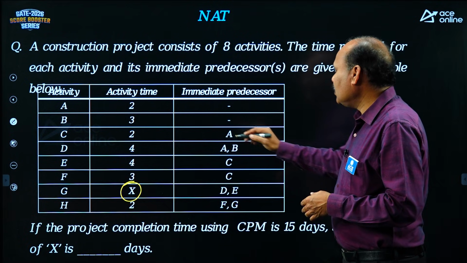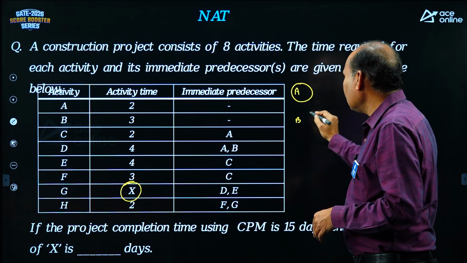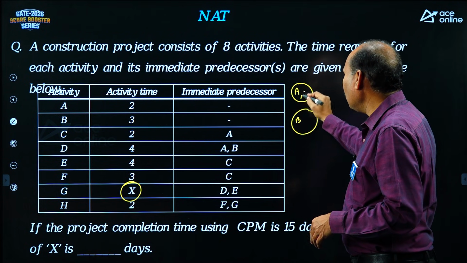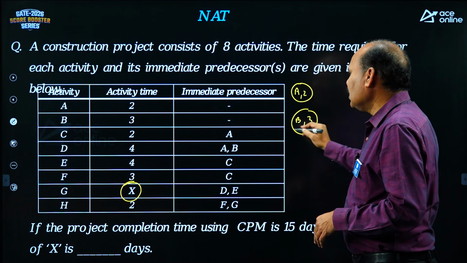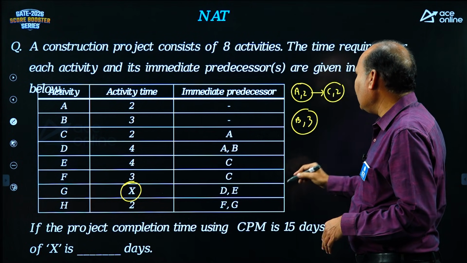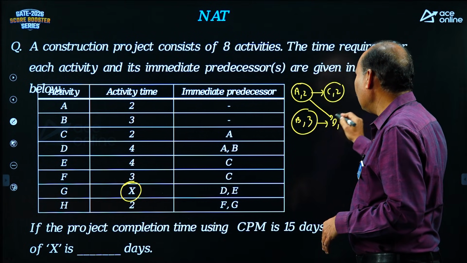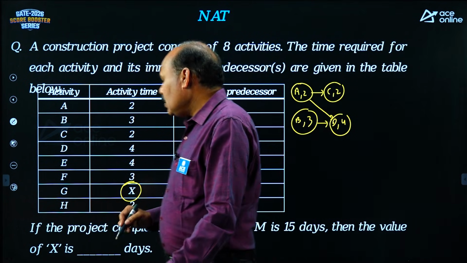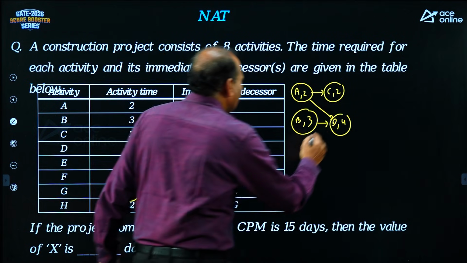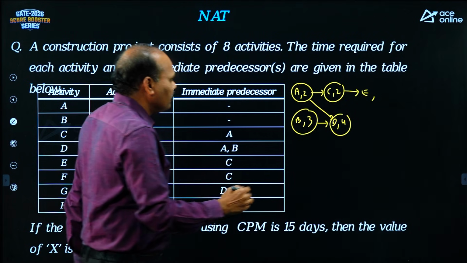A has no condition, B has no condition, start with 2 circles. A duration 2, B duration 3. C after A, C duration 2. D after A, B, D duration 4. Next, E after C. What is the duration of E? 4.